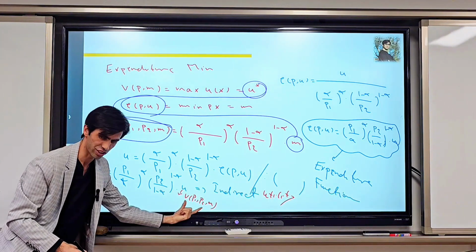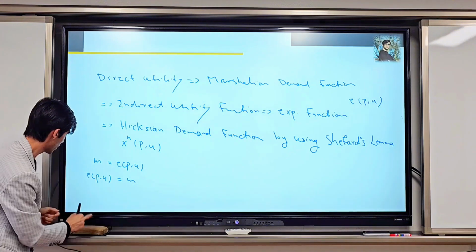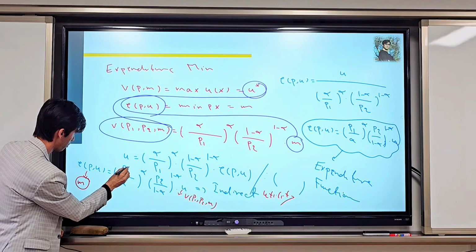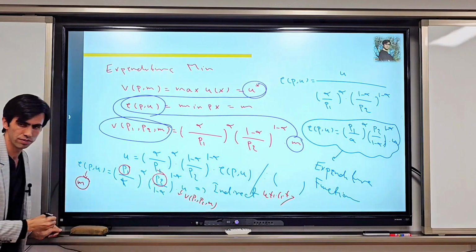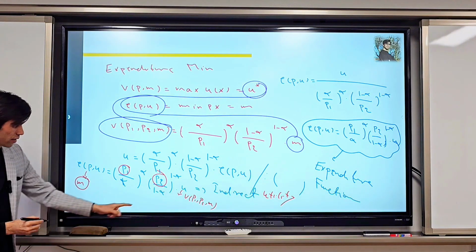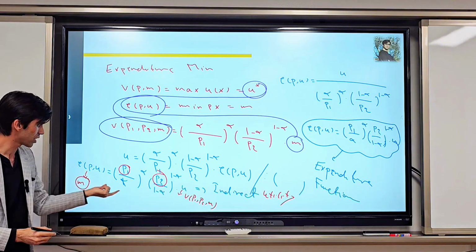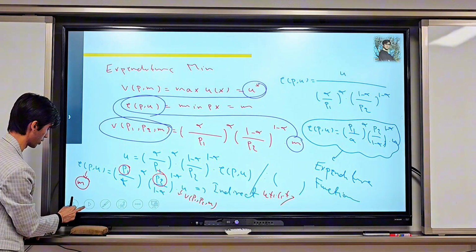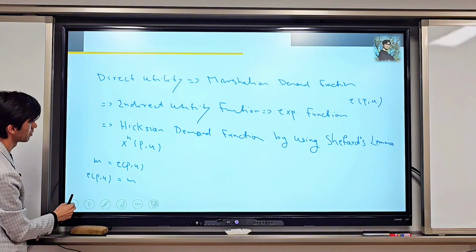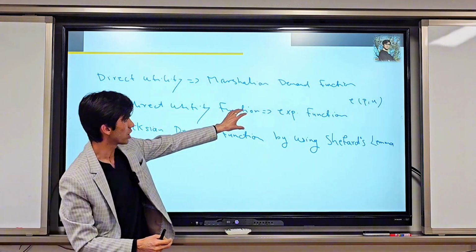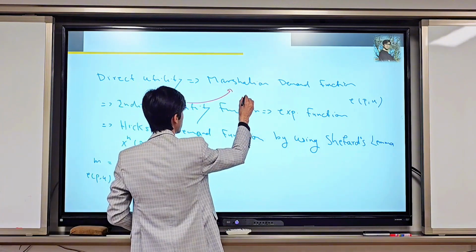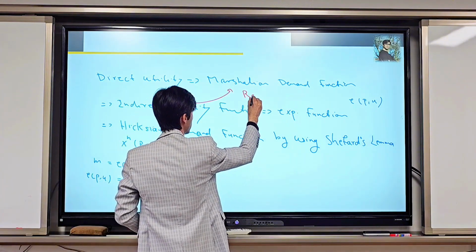Then you have this function, which is a function of M, P1, and P2. So now you have the expenditure function, and you found the indirect utility function. Then if you have the indirect utility function, you can find the Marshallian demand function by using Roy's identity.